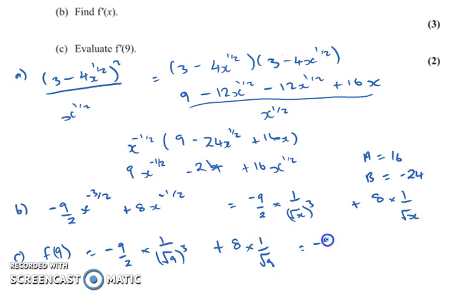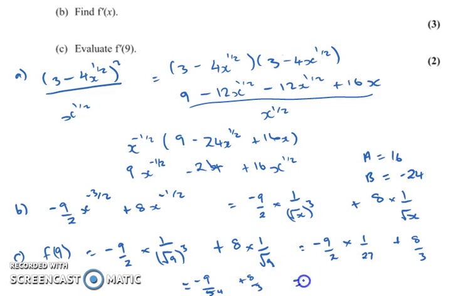This gives us minus 9 over 2. 1 over the square root of 9 is 1 over 3. If we cube the 3, we get 1 over 27. And this becomes 8 over 3. Carrying on then, we get minus 9 over 54, add 8 over 3.